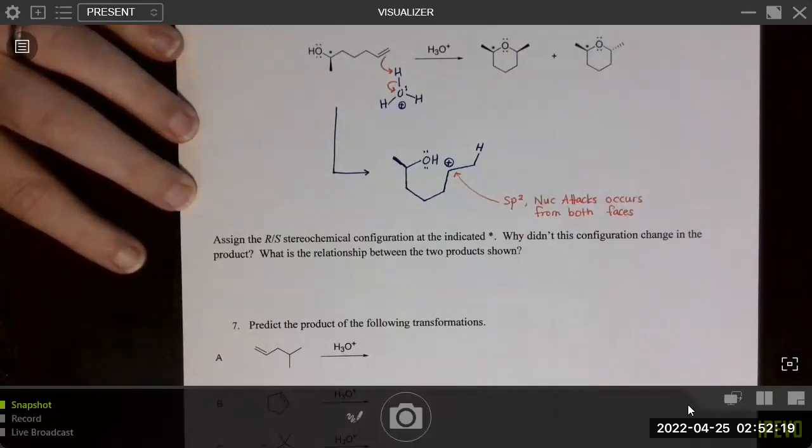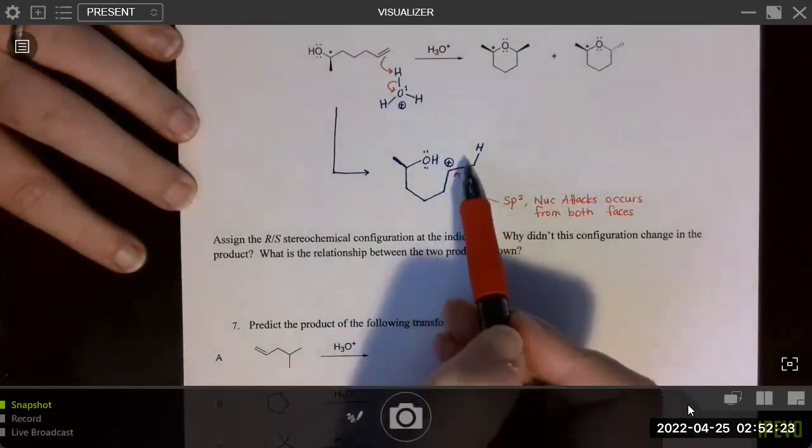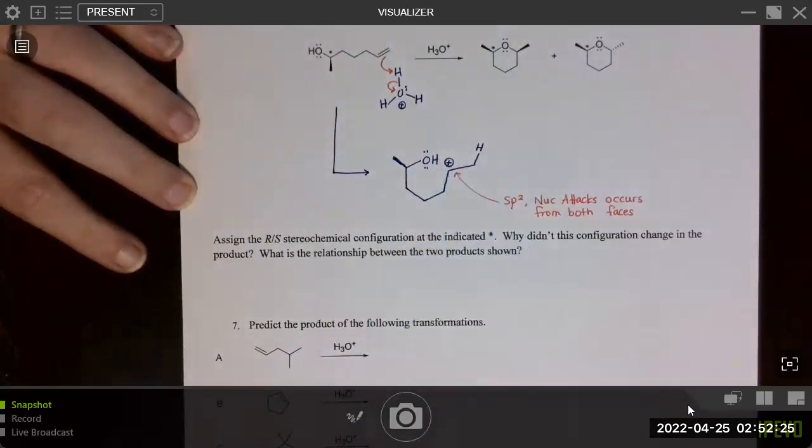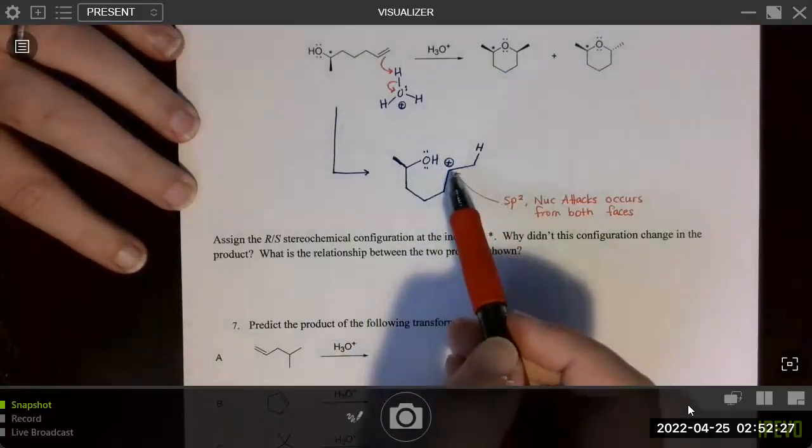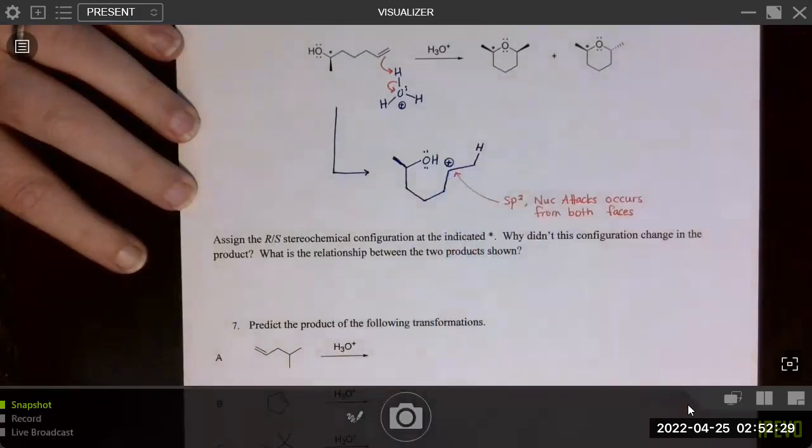Now, whenever we form a carbocation, especially a secondary carbocation, we should always consider rearrangement. But in this case, there will not be a rearrangement because we cannot form a more stable carbocation with one shift. It's always good to consider that, though, whenever you're forming a carbocation.